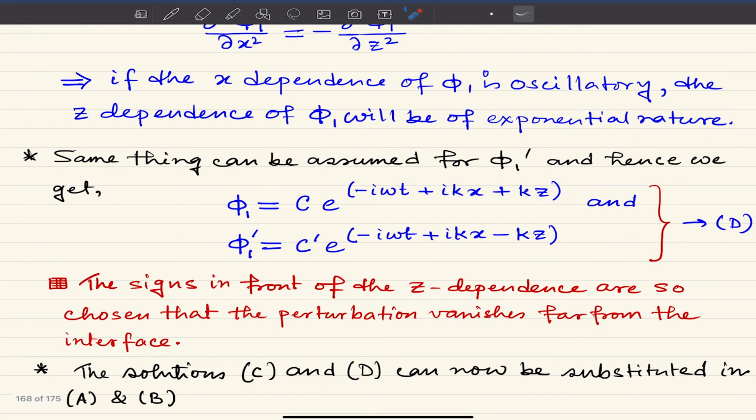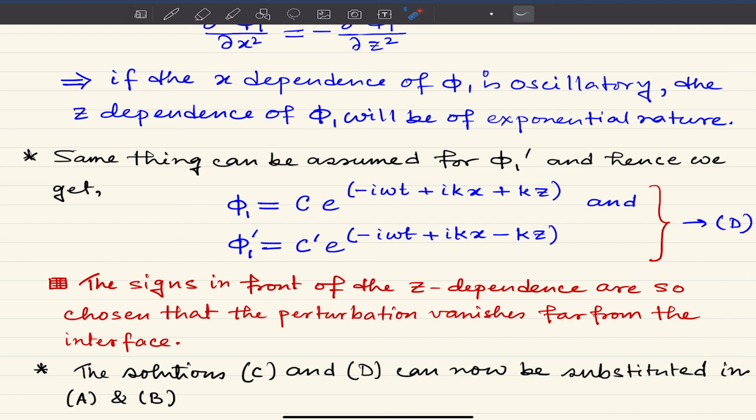For understanding that, we have to realize that this type of perturbation, phi 1 and phi 1 prime, should vanish if we go really far away from the interface. That means when z's value is very, very large, both phi 1 and phi 1 prime's z dependence should go away. And what is the solution for that? We just write it this way.